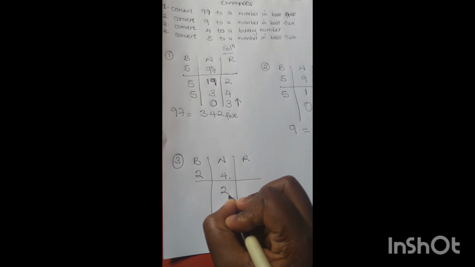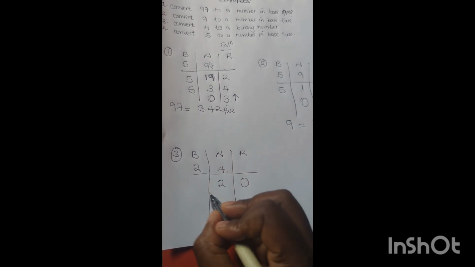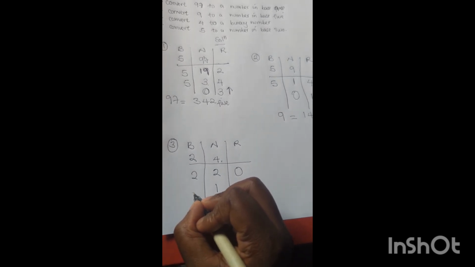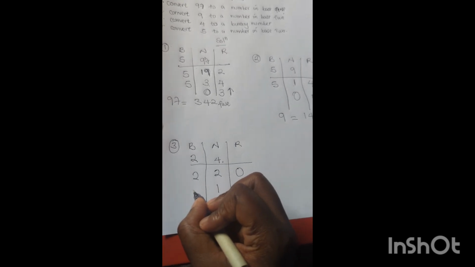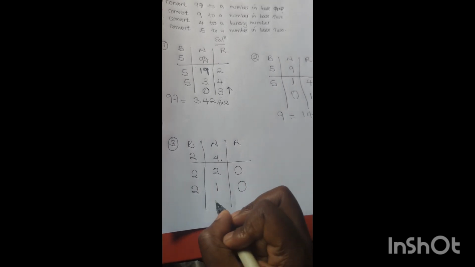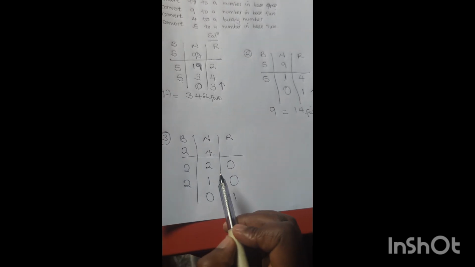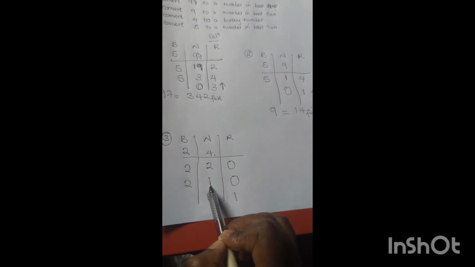So 2 into 4, it goes 2, and no remainder, 0. So 2 into 2, it goes 1, again remainder 0. And then 2 into 1, it's 0, remainder what? 1. 2 can't go into 1, so you write 0, and then this one you carry it this side.